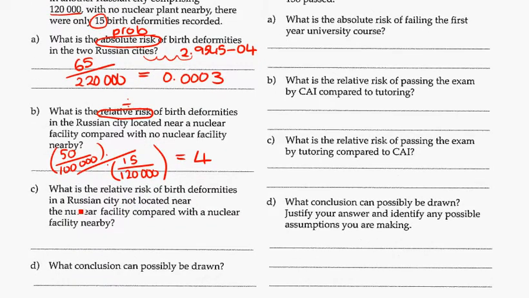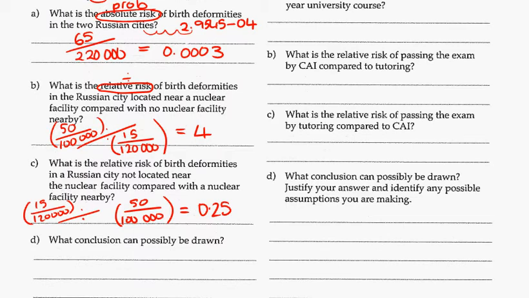Part C, and this is the same question but around the other way. So we've got the not near first divided by the facility, and this time of course we get 0.25. So we'd say you're 0.25 times less likely to have a birth deformity in the city away from the nuclear facility compared with the one near the nuclear facility.